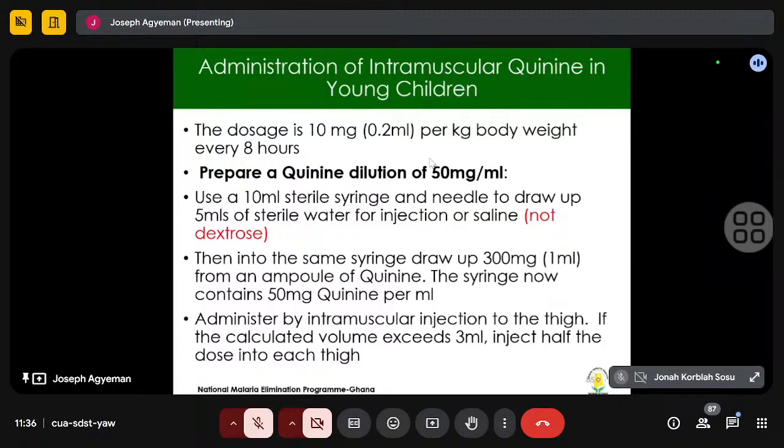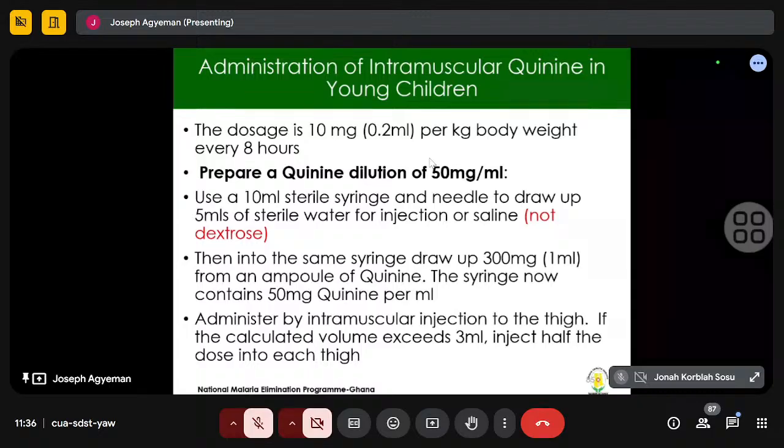But for IM, dare not give any diluent containing dextrose because dextrose can burn muscles and cause injury. For IM, we have separate concentrations for adults, different from that for pediatrics. Adults, 100 milligram per ml to be prepared. Pediatrics, 50 milligram per ml to be prepared.